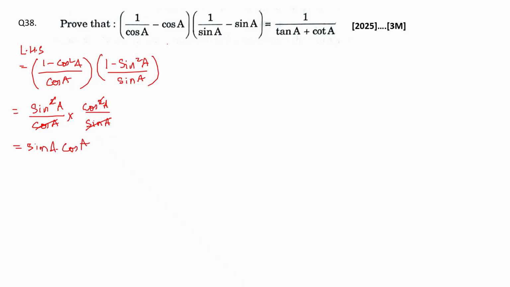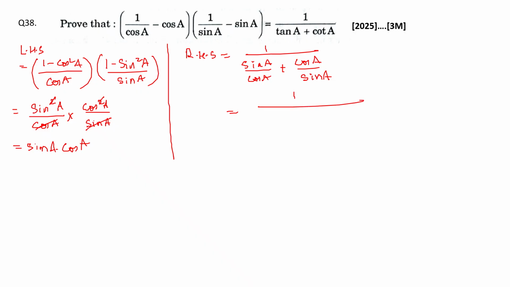Now let's take the RHS. See, sometimes from LHS you will not be able to get RHS. In that case, solve the RHS also. So 1 by (tan A plus cot A): tan A will be sin A by cos A, plus cot A will be cos A by sin A. Then take the LCM. So 1 by (sin square A plus cos square A) by (sin A into cos A).